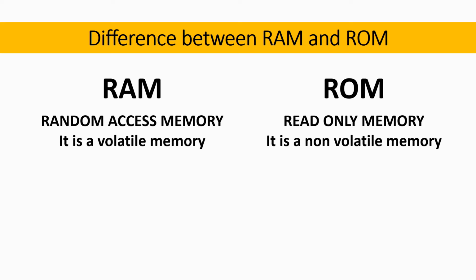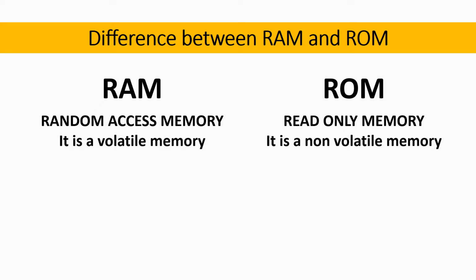Volatile means it will be able to retain its data till the time there is a power supply to your computer, which means till the time your computer is on, the data will be present on the RAM. But once you switch off your computer, the data from the RAM gets erased. Okay, so that's the meaning of volatile memory.